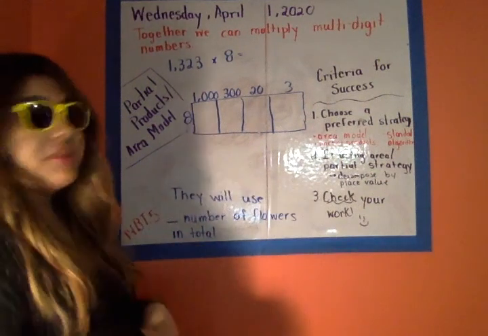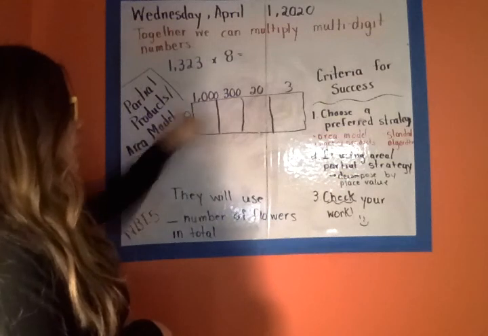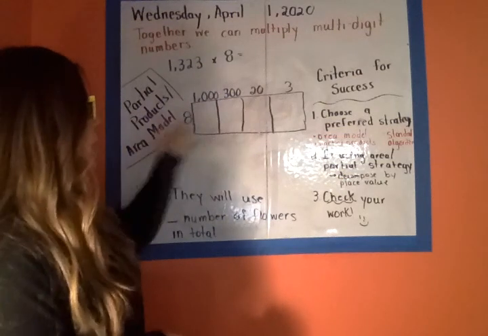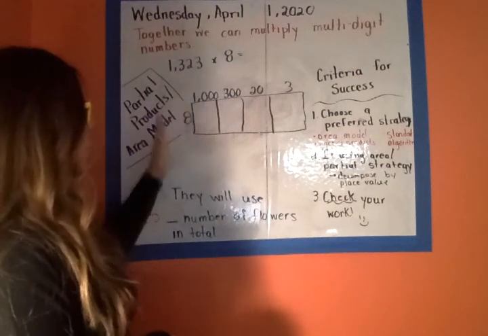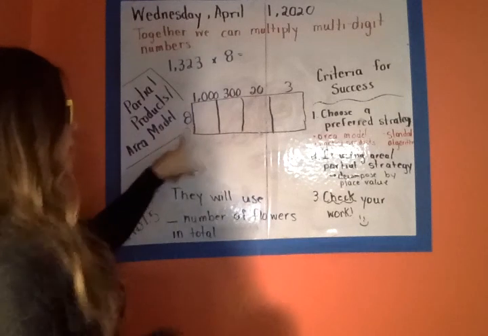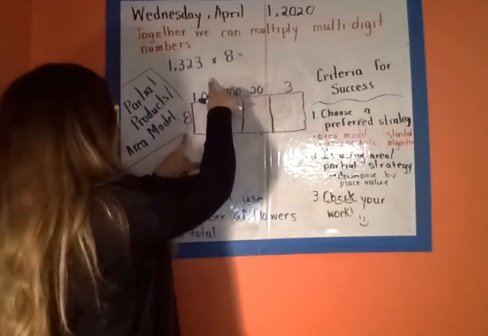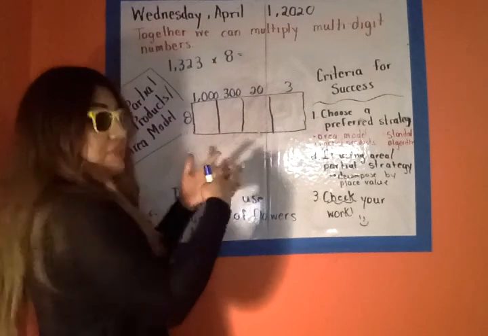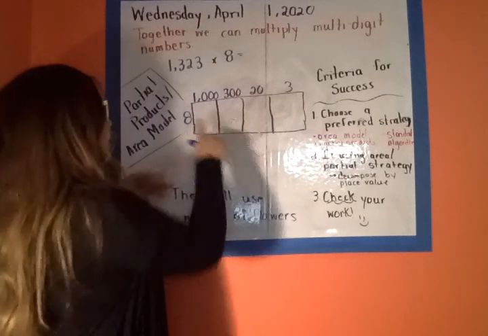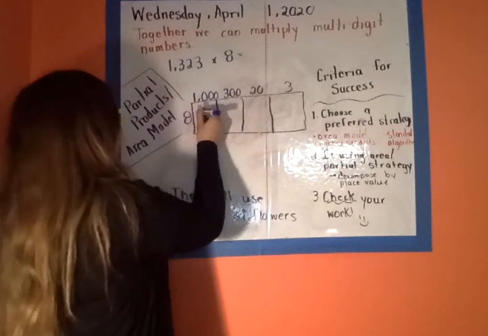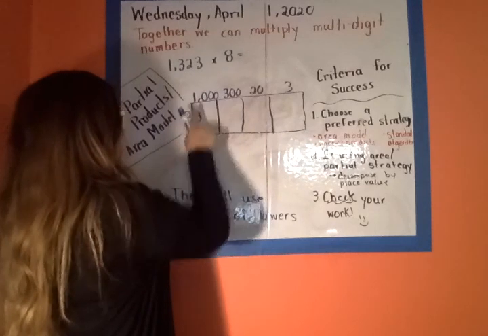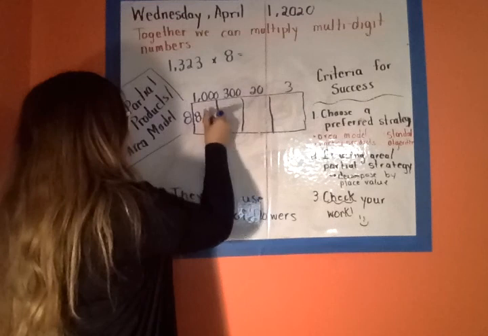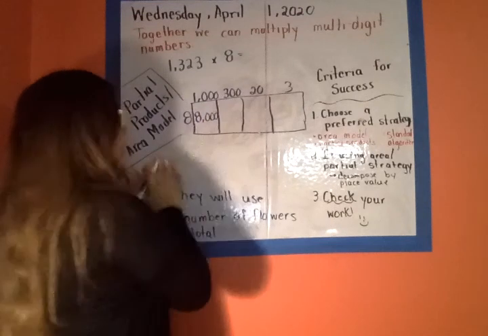We're going to be multiplying each number on the horizontal side with the number on the vertical side. So 1,000 times 8 is, I can do the math, right? Or I could simply think of 8 times 1 is 8. And then 3 zeros. And that makes 8,000.